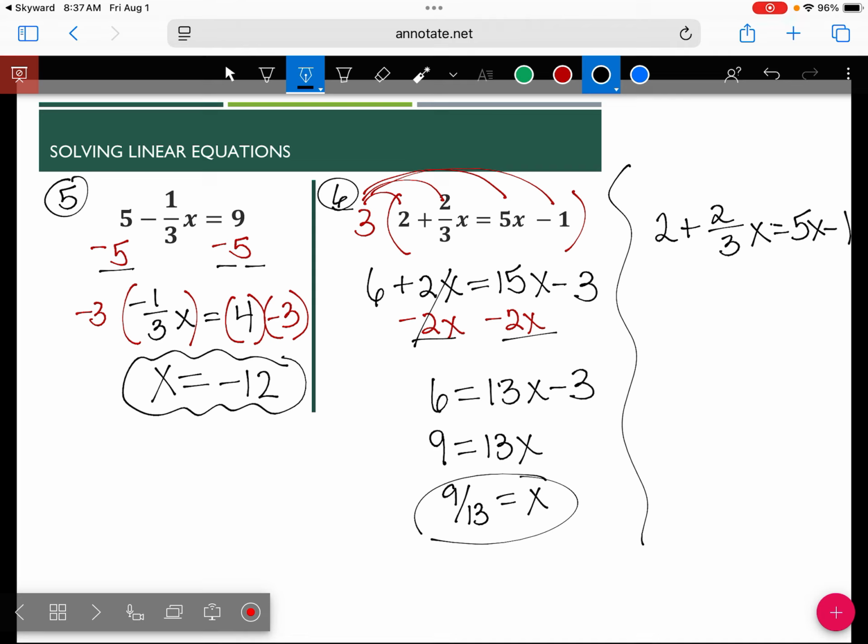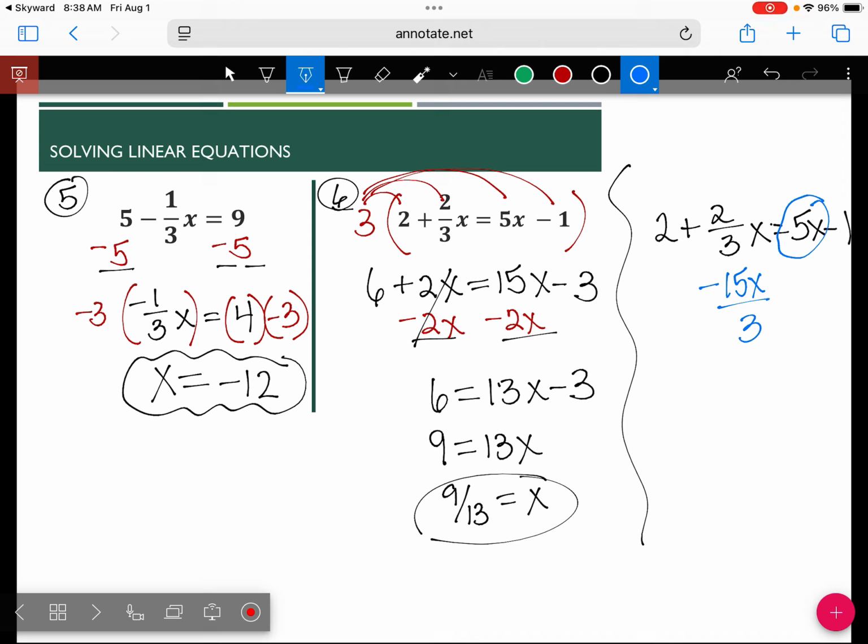So what I'm really subtracting is 15 over 3. So that's where we kind of become confusing, because you have to know that in order to subtract 5, I have to write that with a common denominator, which would be 15 over 3.